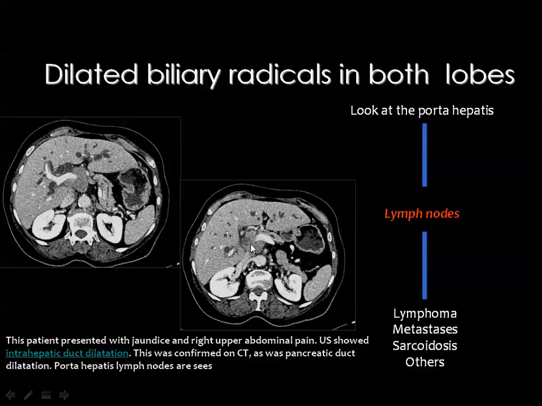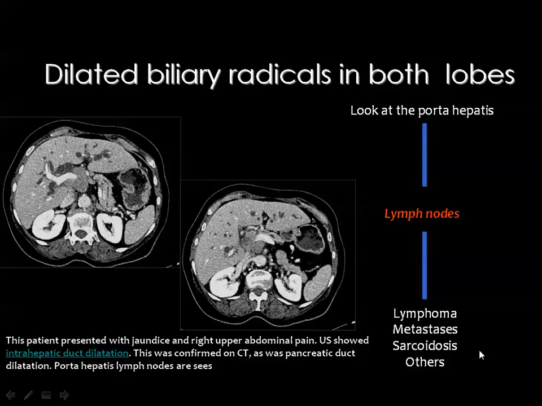And actually, you know that most of the masses in the porta hepatis will represent lymph nodes. And lymph node pathology here may include lymphoma, metastasis, sarcoid, and other pathologies of the lymph nodes. But you have reached the cause and the level of obstruction. The level is at the porta hepatis, and the cause is enlarged lymph nodes, whatever the underlying pathology.